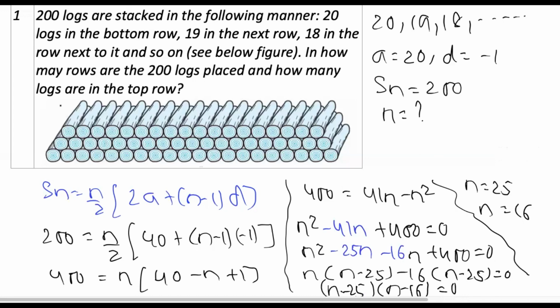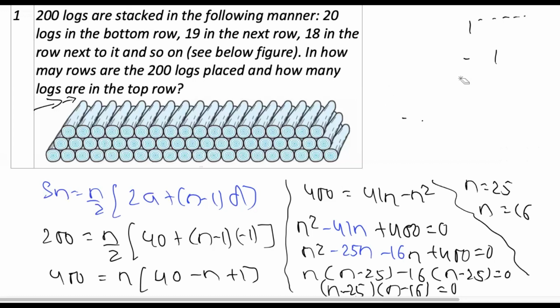For that, we'll be finding the number of logs in the topmost row, that is the nth term, so we are going to get an here. So an is a plus (n minus 1)d. Taking n as 25 in the first go, this is a25.